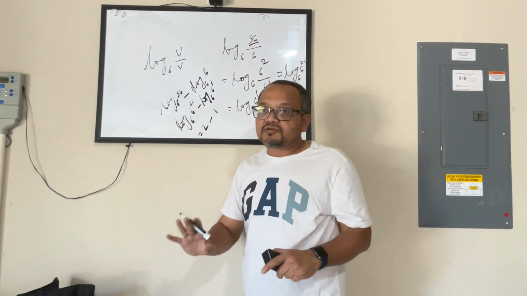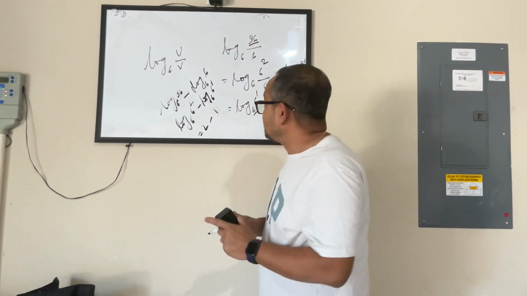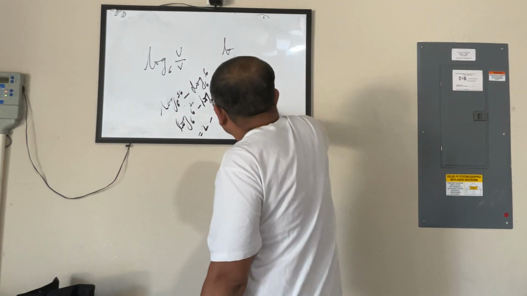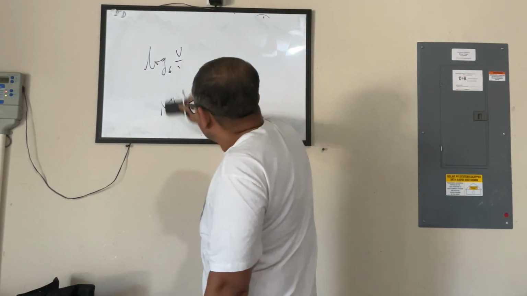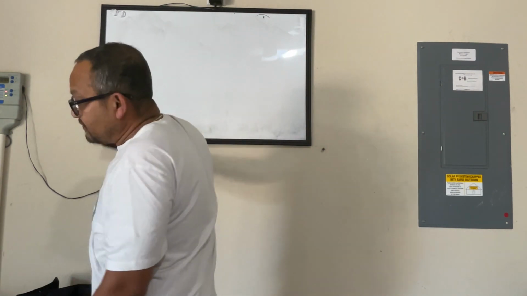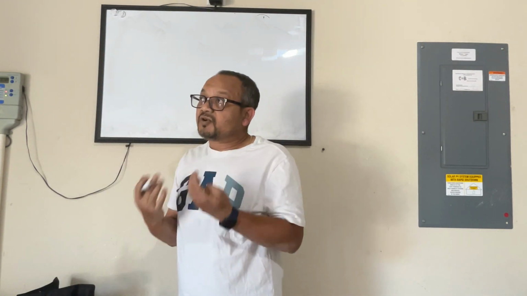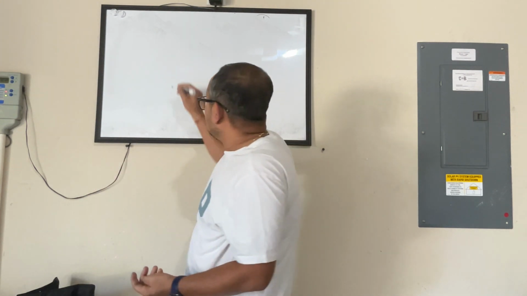In simple terms, logs work exactly the same way as exponents, because log deals with exponents. You convert any and every number as a power of the base. That is nothing but exponent.